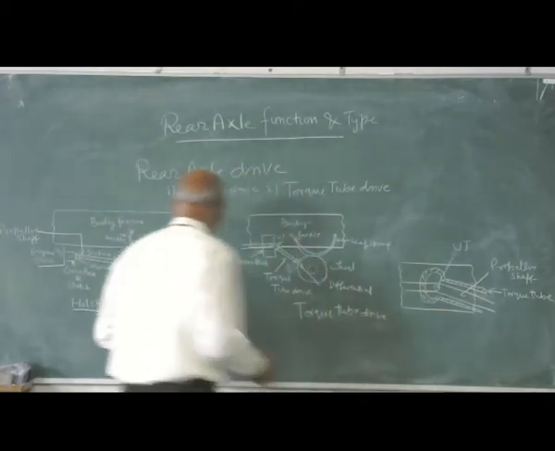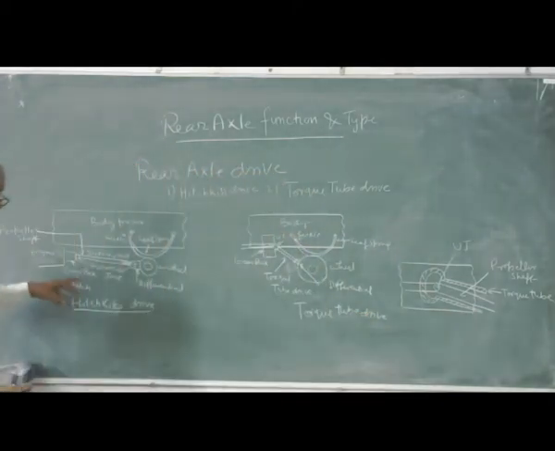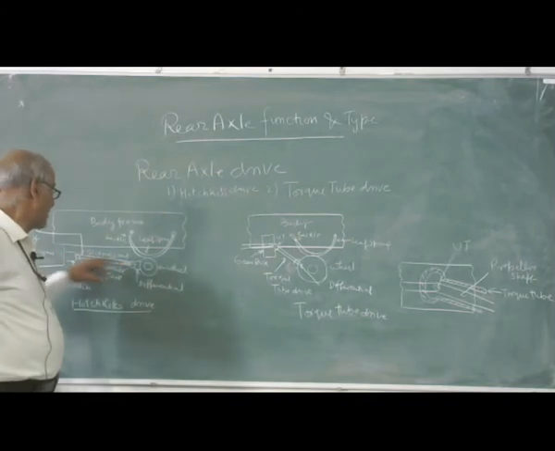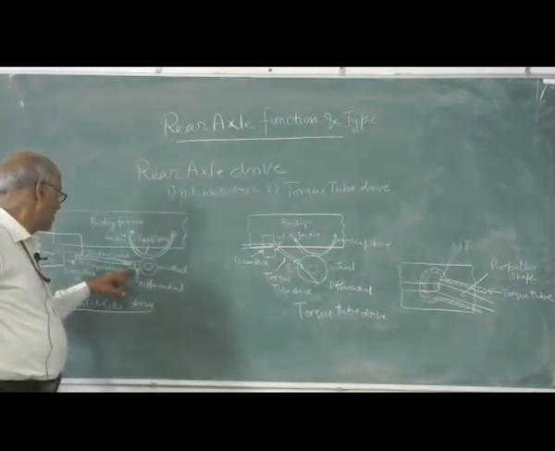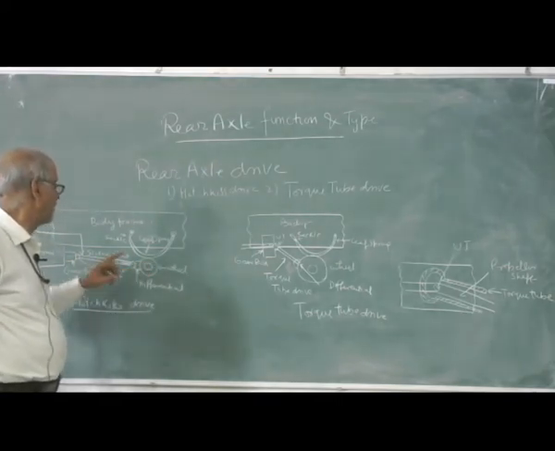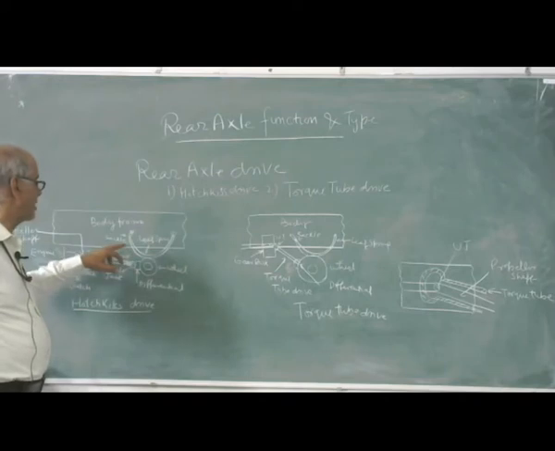Okay, so in Hotchkiss drive, as already explained, there is the engine, gearbox and clutch, universal joint here, and through the universal joint, that is your propeller shaft, which has a sliding type of motion. Again universal joint, then differential, and finally into the wheel. Leaf spring is there to take the load.